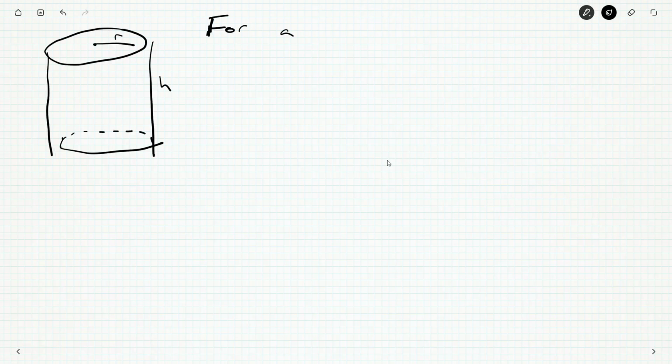So for a cylinder, with height, we'll make it capital H just because we've read ahead and we know that that's what they want.